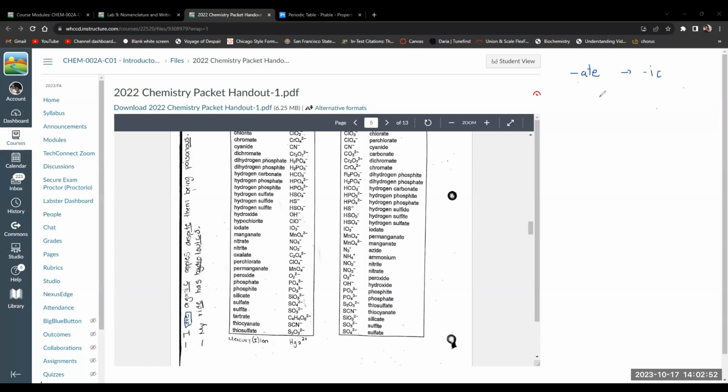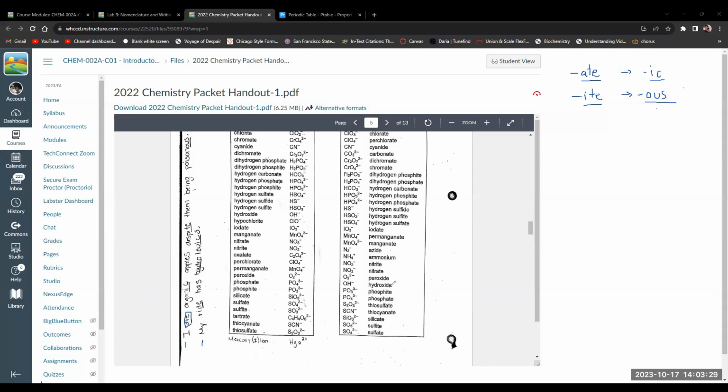I ate organic apples. Furthermore, ITE, despite them being poisonous, means ITE is going to be replaced with OUS.